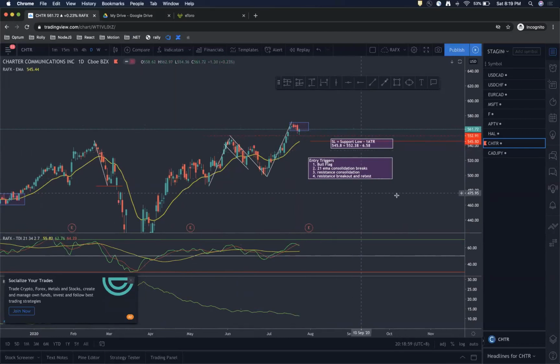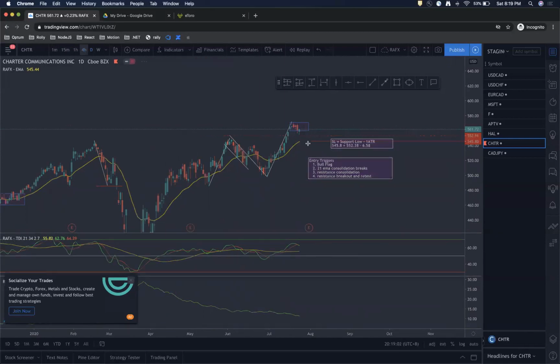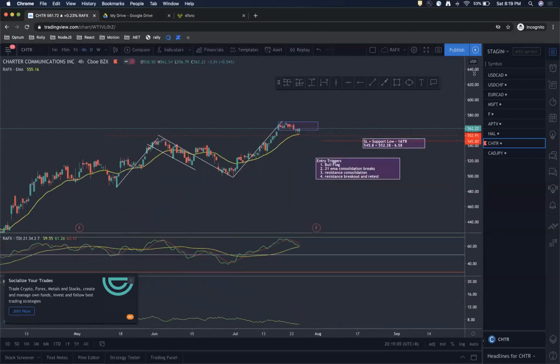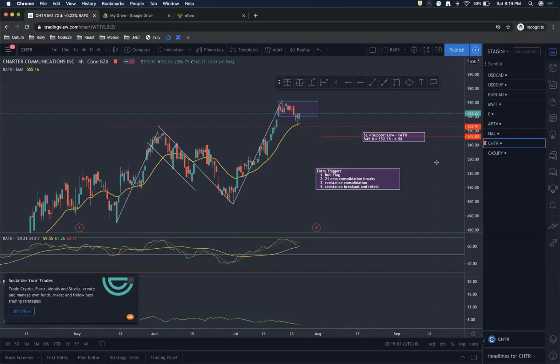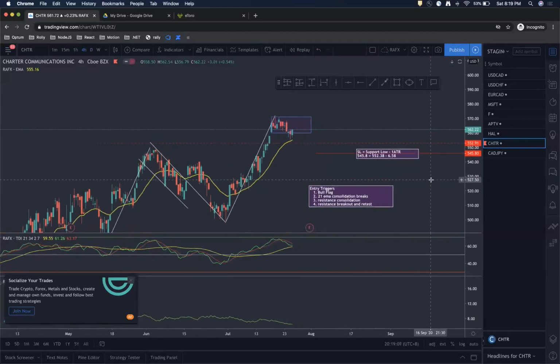So again, as I said earlier, usually I go down to the next lower time frame and confirm or find some value there to have my risk reward.